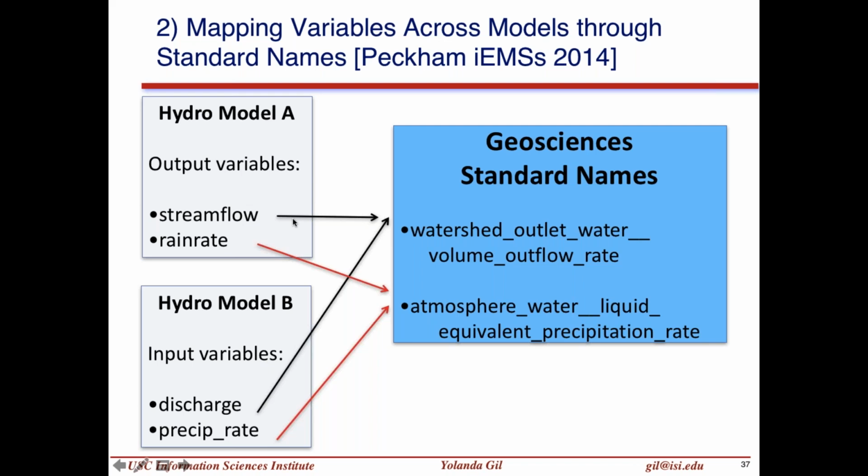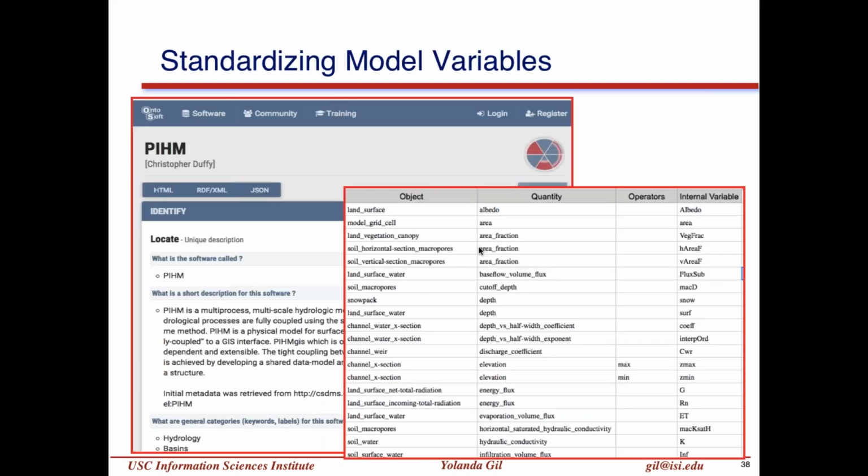So in this case, one model may talk about stream flow, another about discharge, and they're both variables mapped to a standard way to refer to the outflow rate of a watershed. This is very important for us to make the models understandable and to make them correspond. So we've been characterizing model variables and annotating the internal variable of the model with the standard way to describe it.